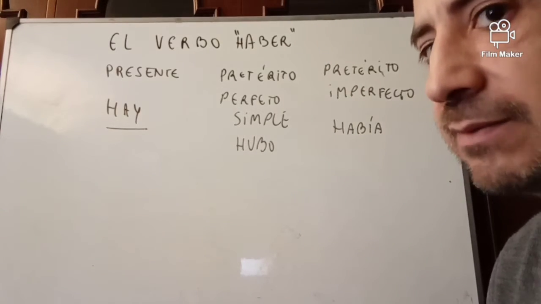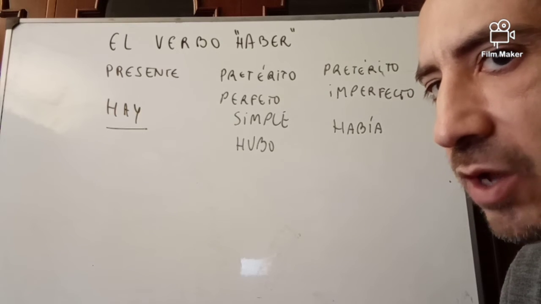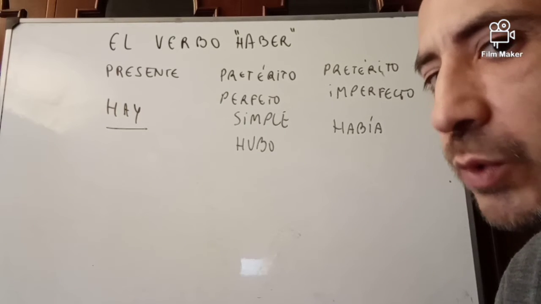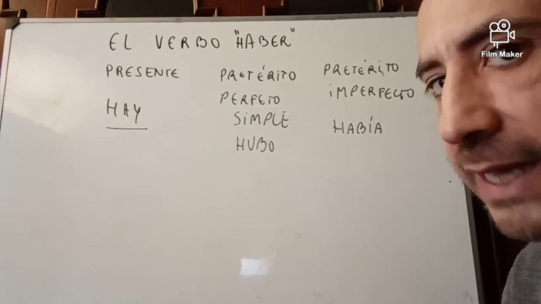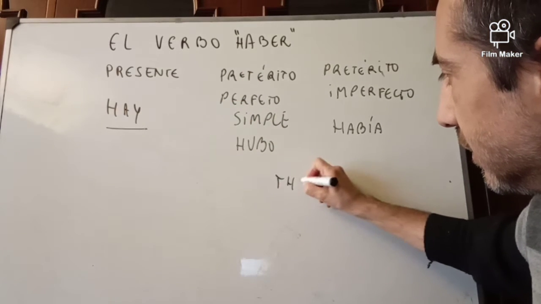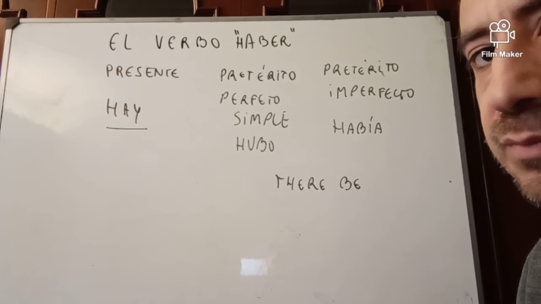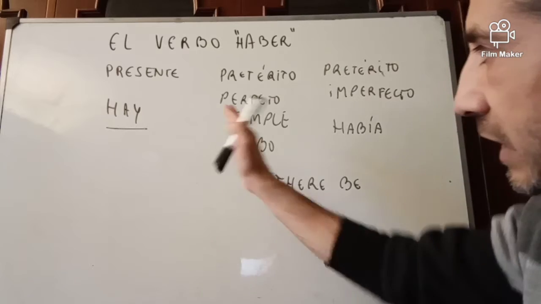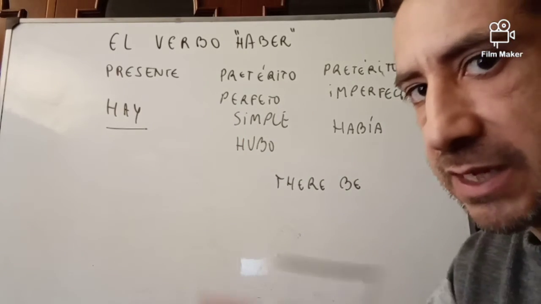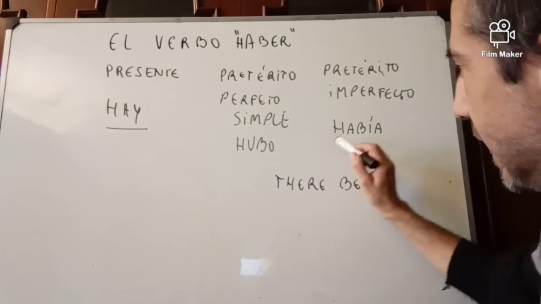The peculiarity that this has in Spanish is that it's conjugated only in the third person in the singular. Just that. So no plural mark, no plural ending for this verb when it means the be. Let's see examples, but it's very easy because we always say hay in the present, no matter singular or plural. Hubo, the same use, and había.